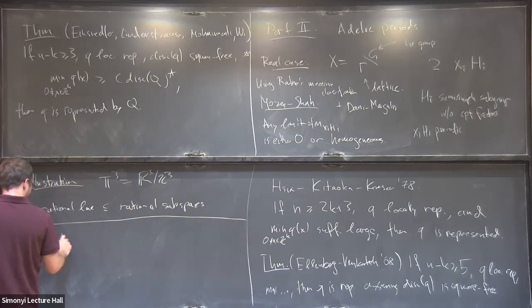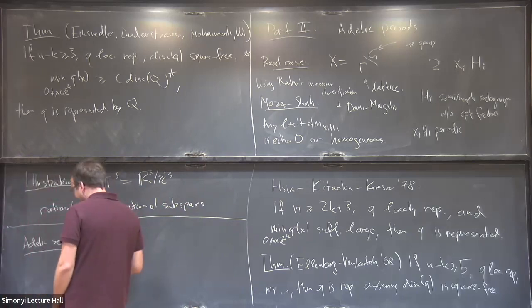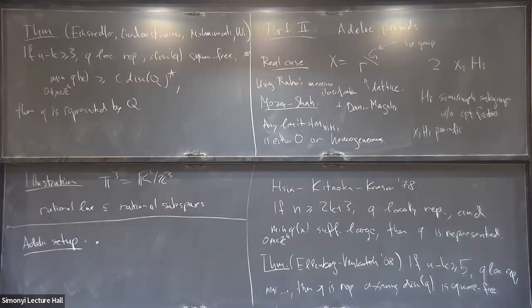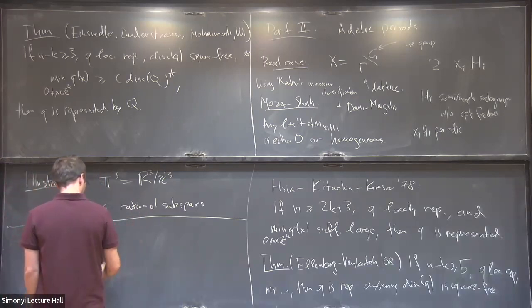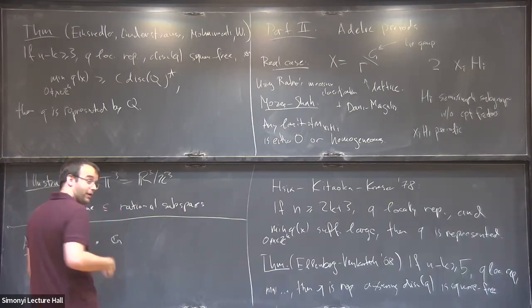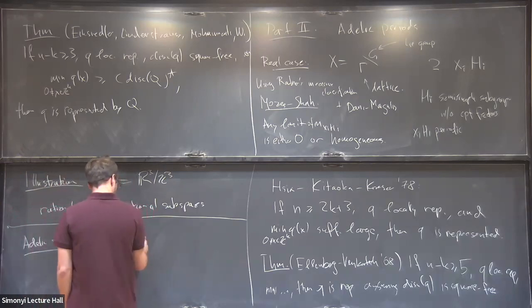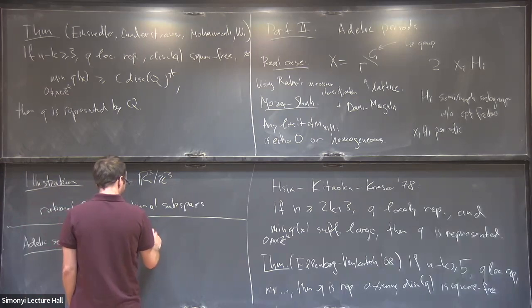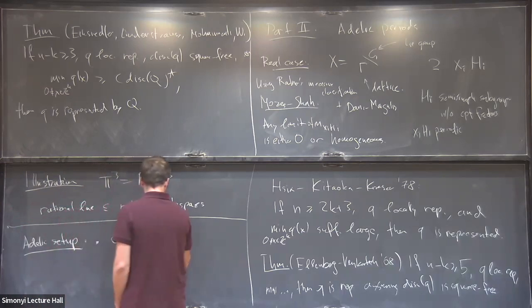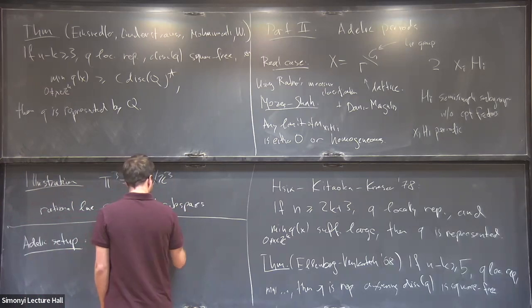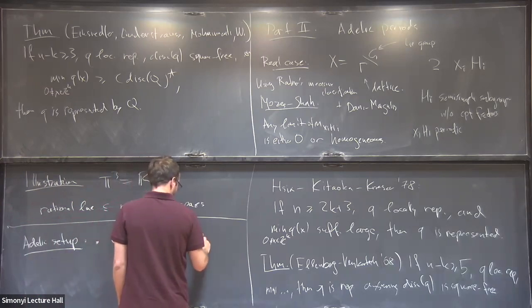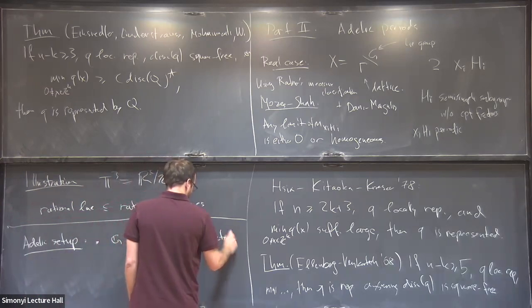The adelic setup. Just to tell you what the actual objects are. So I have two groups, basically the ambient group and the small group. G will be my large group. G will be a semisimple connected group.